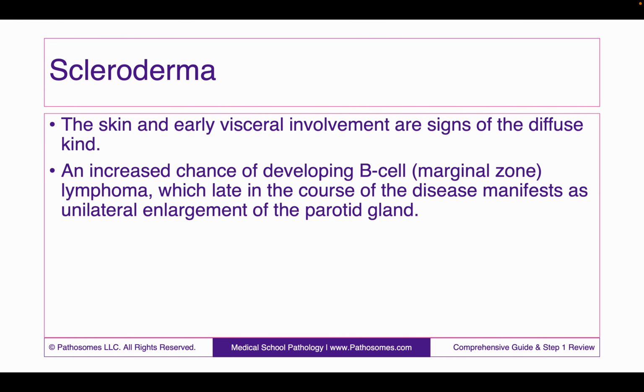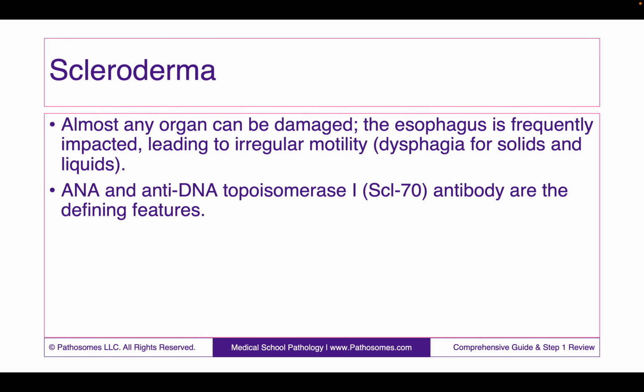The skin and early visceral involvement are signs of the diffuse type of scleroderma. And there is an increased chance of developing B-cell lymphoma, specifically marginal zone lymphoma, which occurs late in the course of scleroderma and manifests as unilateral enlargement of the parotid gland in some cases.